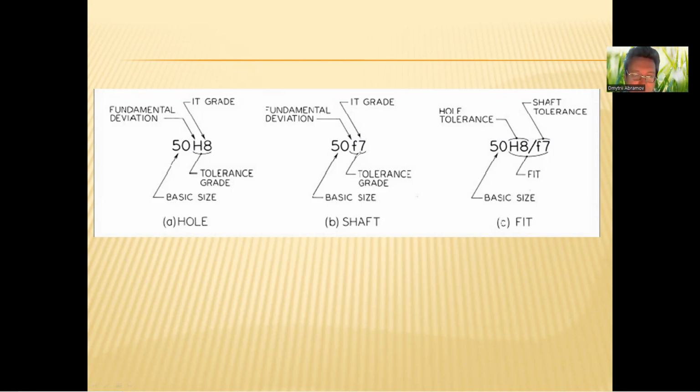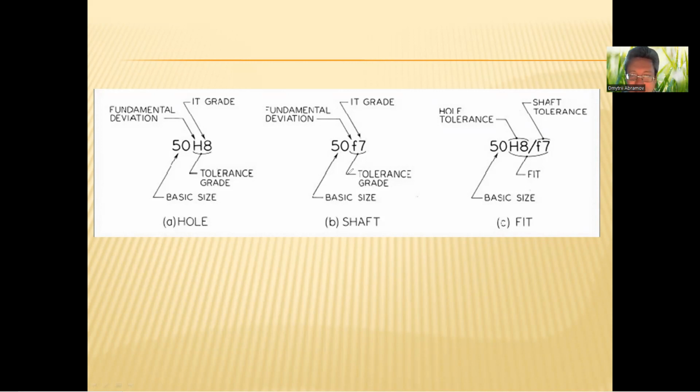Small letters, it's always for shaft, like in figure B. You can see small f, and so it's always for shaft. H is fundamental deviation. And 8, it's IT grade. So nominal diameter 50, H8. It's tolerance grade H8.